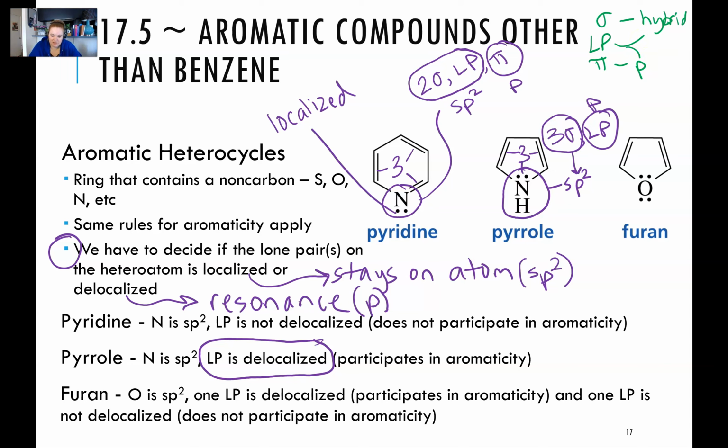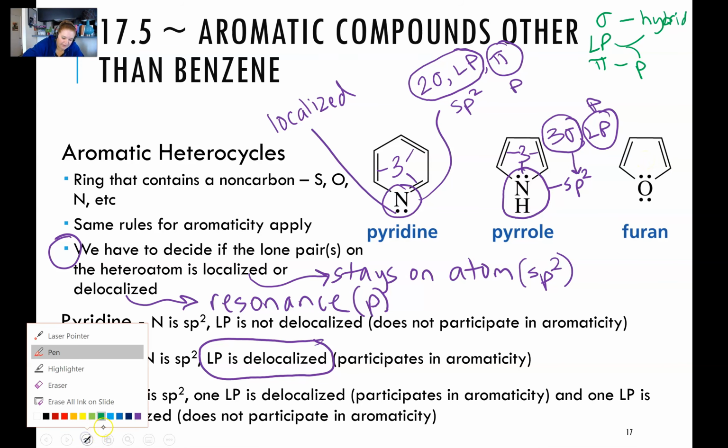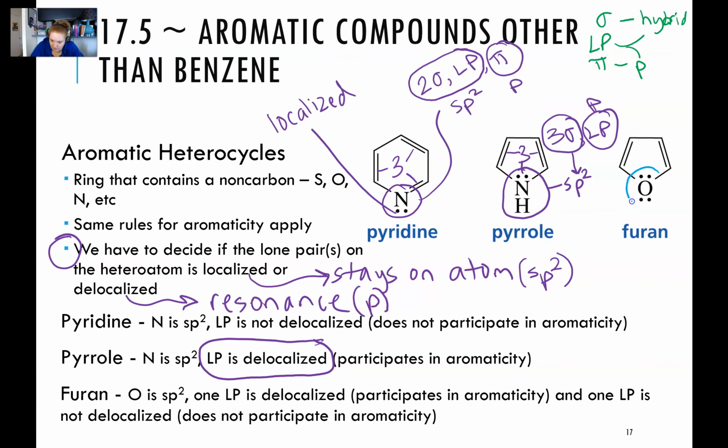In our last structure here, furan, our oxygen is also sp2 hybridized. It has 2 sigma bonds and 2 lone pairs. So one of those lone pairs is going to be in a hybrid sp2 orbital, and one lone pair is going to be in a p orbital that is delocalized.